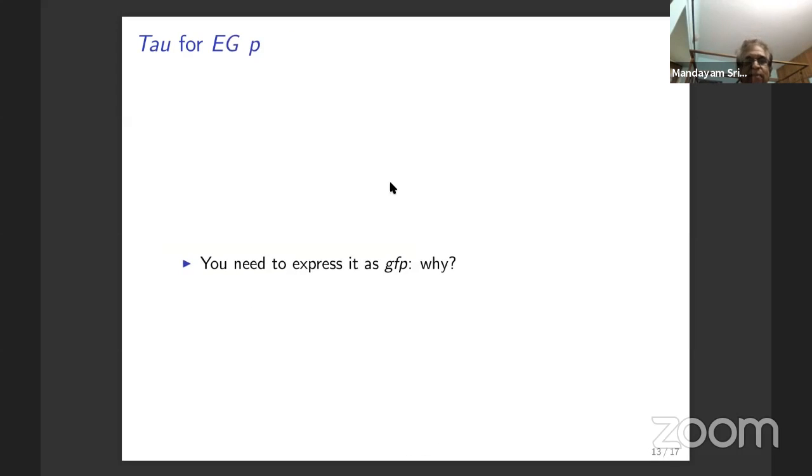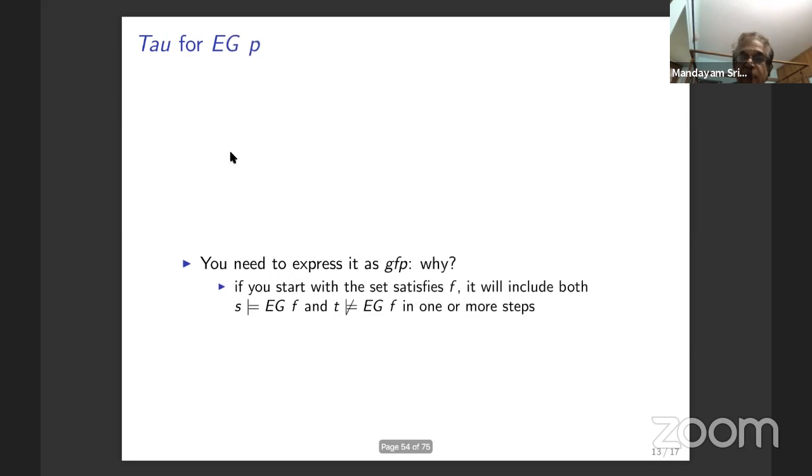So I'm claiming that EG of P needs to be expressed as a greatest fixed point. At least it's easy to see how it can be expressed as a greatest fixed point.